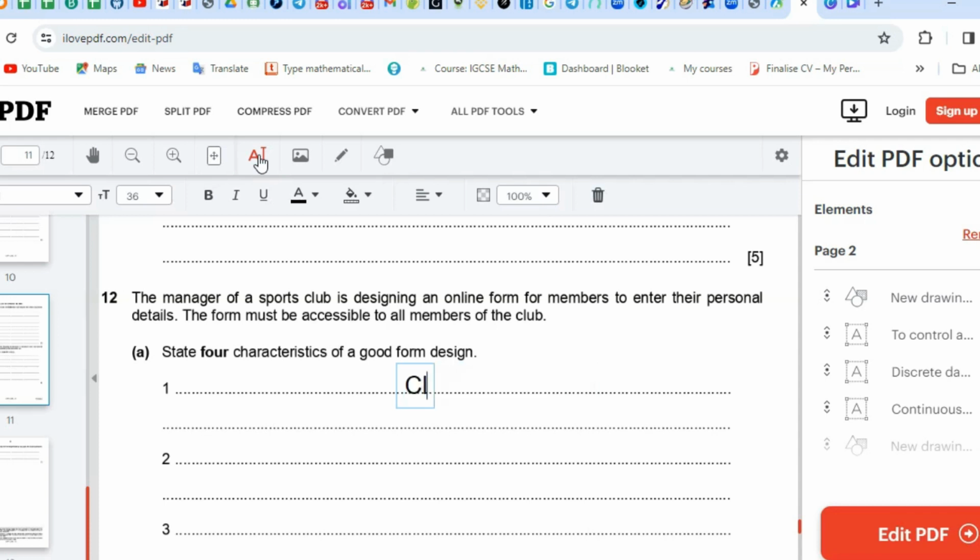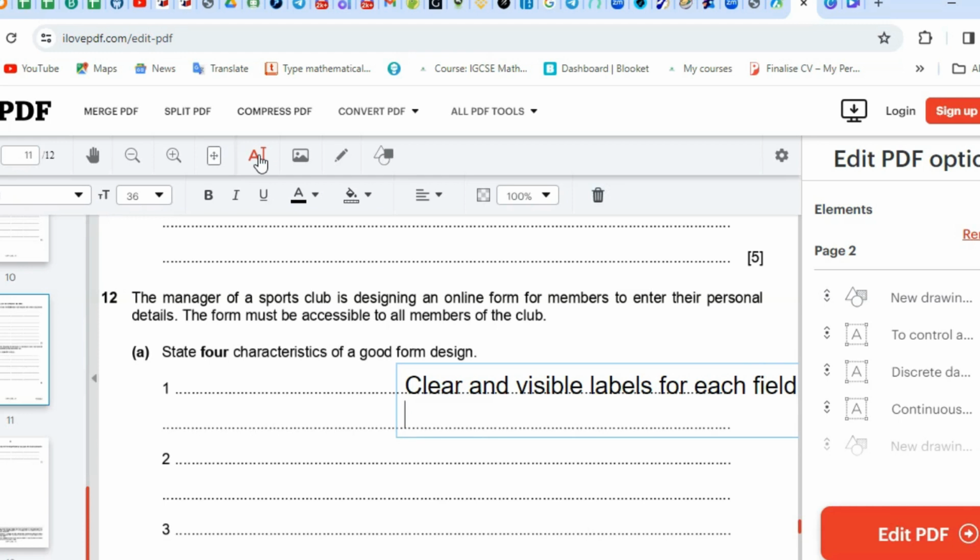Clear and feasible labels for each field. That's 1.